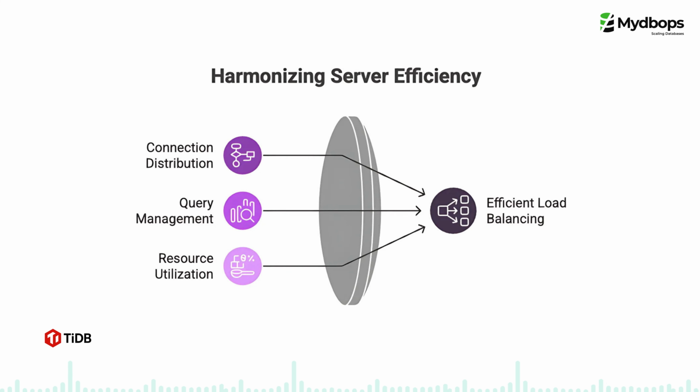So it's smart. Yeah, it knows what it's doing. So if one server is getting overloaded, TiProxy says, hey, let me send this over to another server that's got a little more capacity. Precisely. And it does it all automatically. Wow. Constantly adjusting to the changing demands of the application. I'm starting to see why this is such a critical part of TiDB. It's really the heart of it all.